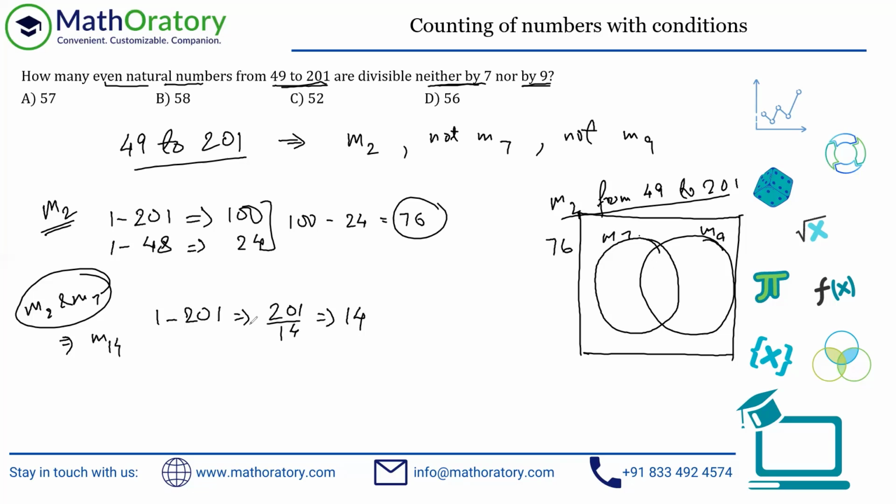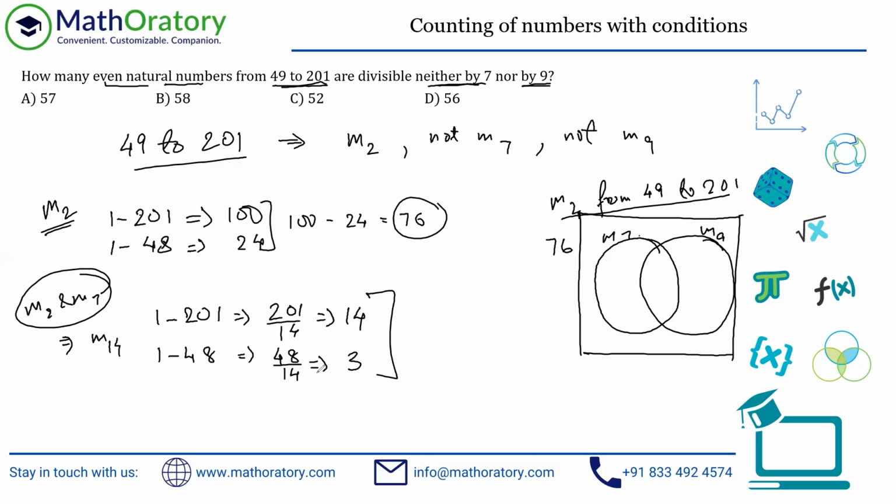If you know 14 square is 196, then your life becomes a little easy. 1 to 48, again same idea, 48 divided by 14. That is just 3 multiples, right? I mean, 42 is 14 into 3, or you can just divide this. One other thing you can do is reduce both the numerator and denominator.